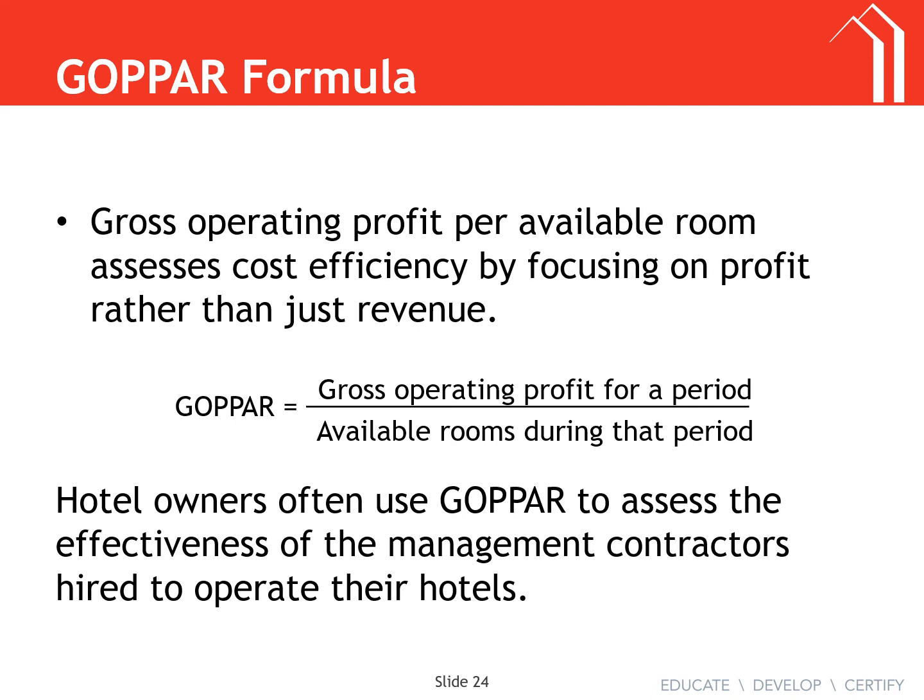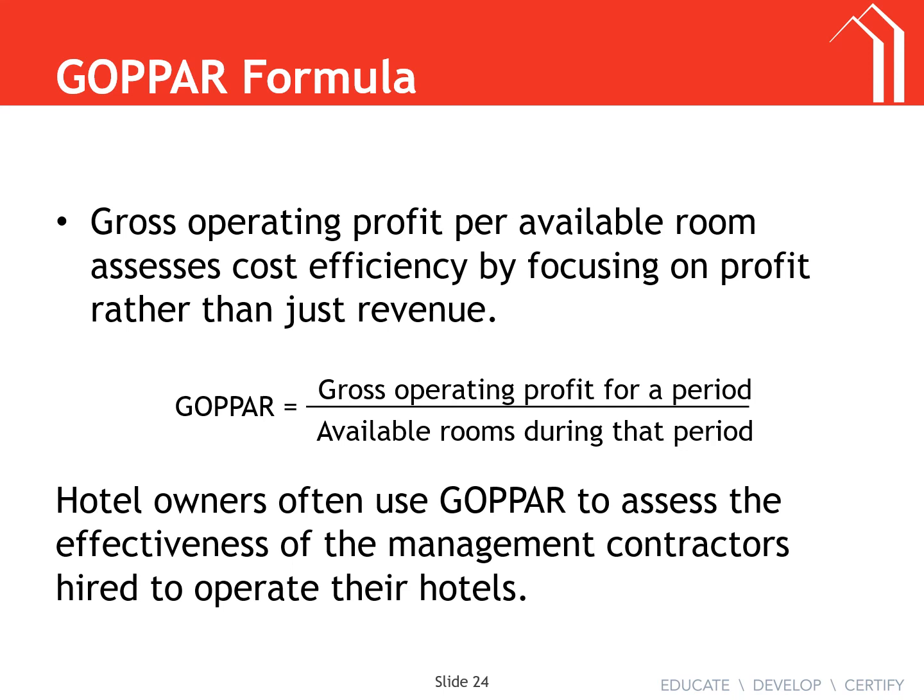So with the gross operating profit, we take the sales and we take out any operating expenses: the variable costs, the labor, the materials like the amenities, all that stuff we're going to take out of the revenue to get our gross operating profit.